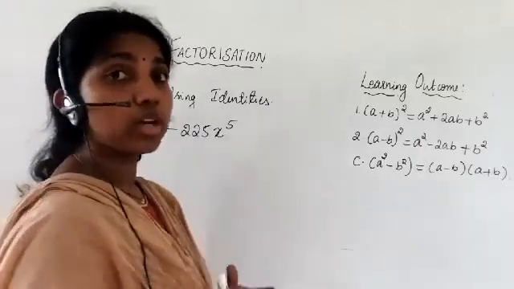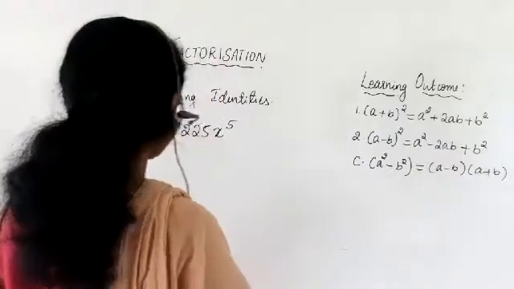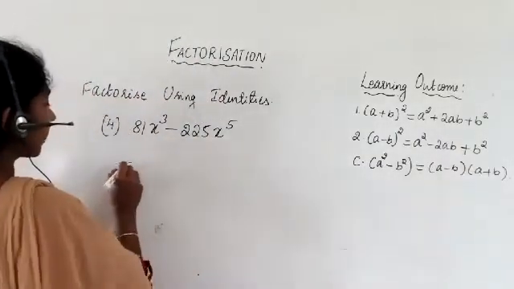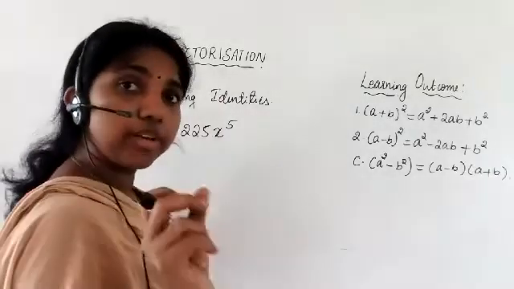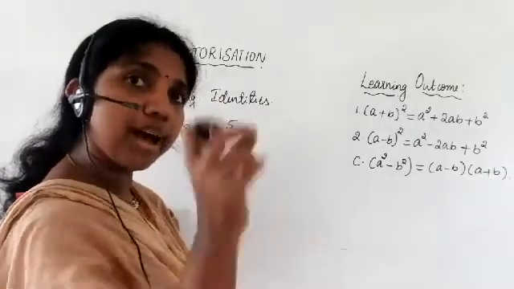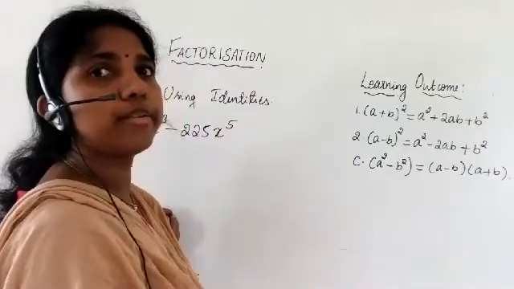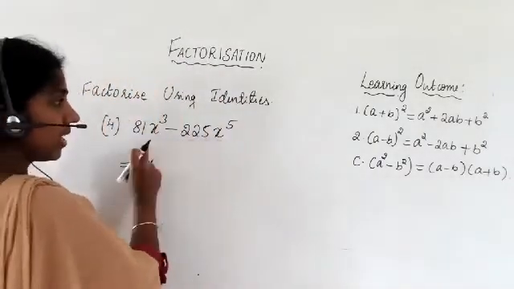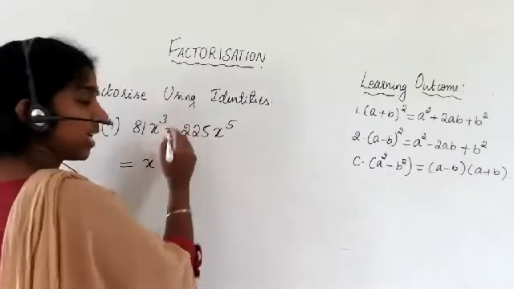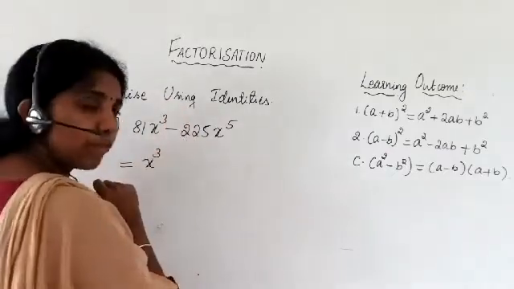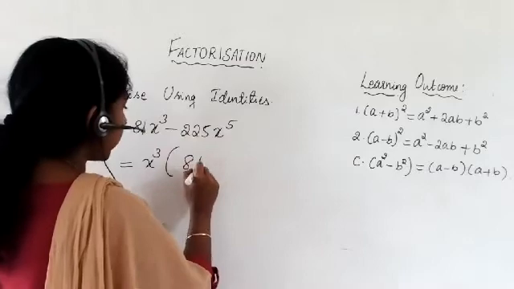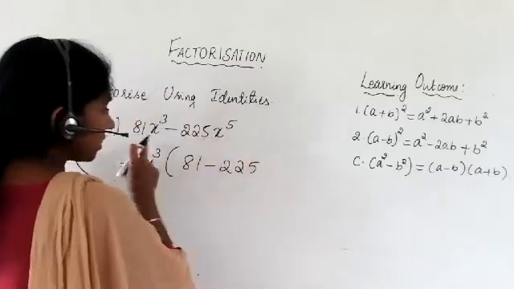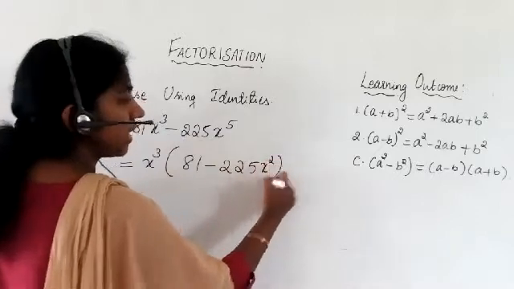So how to take the common variable out? We have to choose the common variable having the least power as the common factor. The common variable is x, and the least power of that common variable is 3. That should be taken as the common factor. So what remains? 81 minus 225. x cube is brought out, so x to the power 2 will remain here.